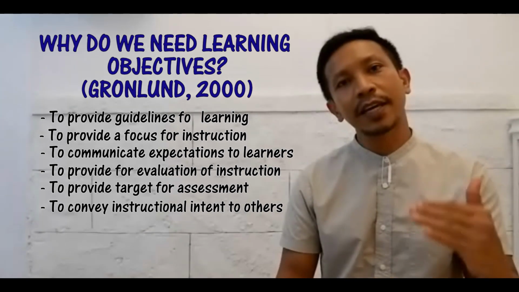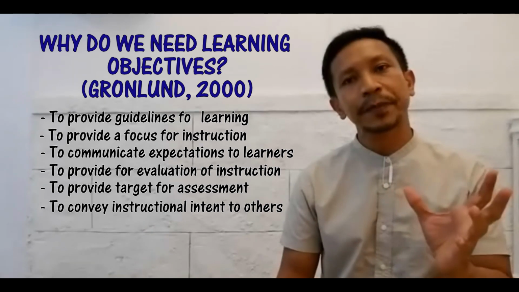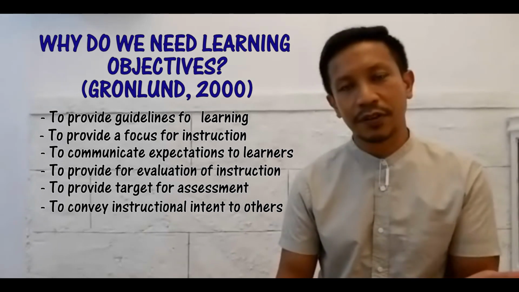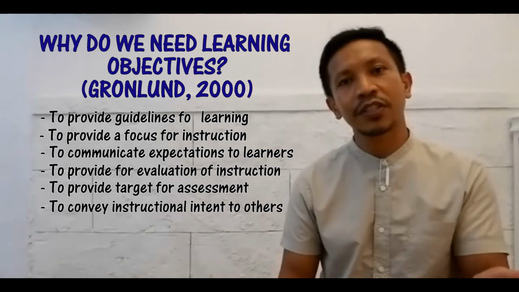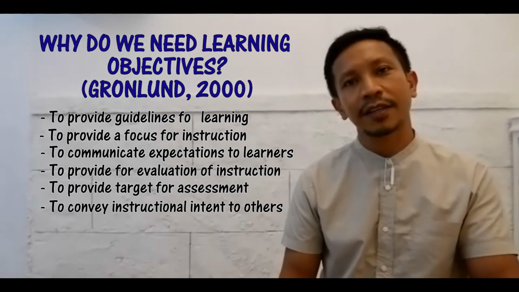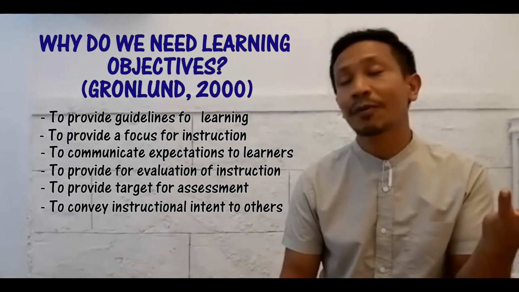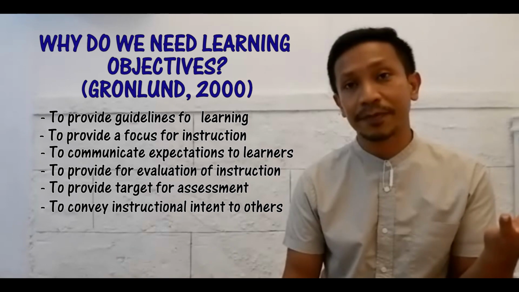So if you can see these points, they are actually a helper for a teacher in order to teach well. If we do this nicely, the students will be blown away with our teaching presentation.